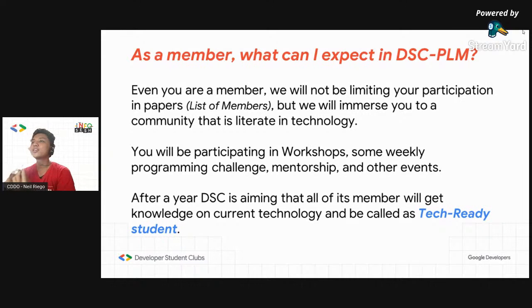Hindi ganon. Hindi kayo magiging member sa papel lang. Magiging member kayo ng community talaga. Since yun din yung aim ng DSC-PLM, to integrate technology in our community and nourish the community. So, with that, gusto naming ma-immerse kayo sa technology.